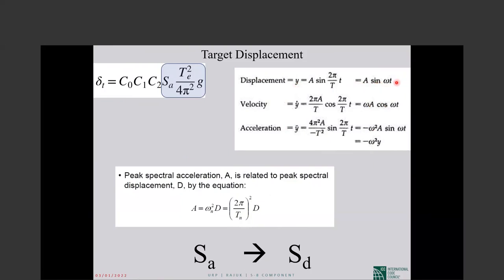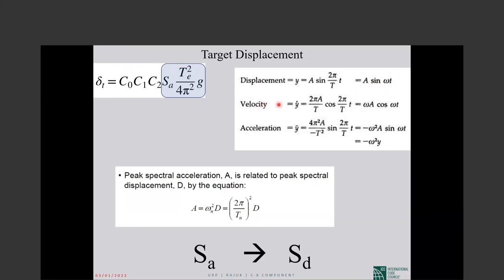Sine is between 1 and minus 1, maximum is 1, so A is the maximum. We want maximum displacement. Maximum displacement is A. But earthquake motion is not harmonic, but as an estimation, we assume this one.